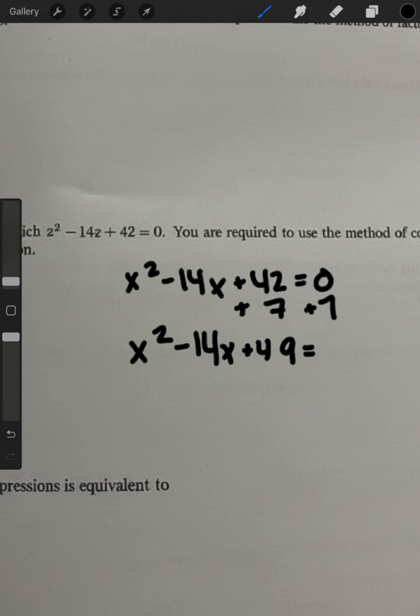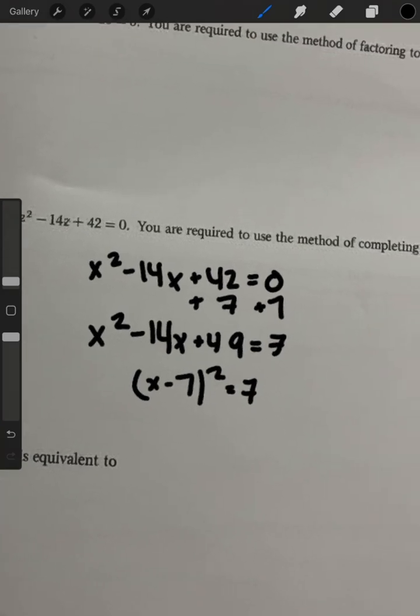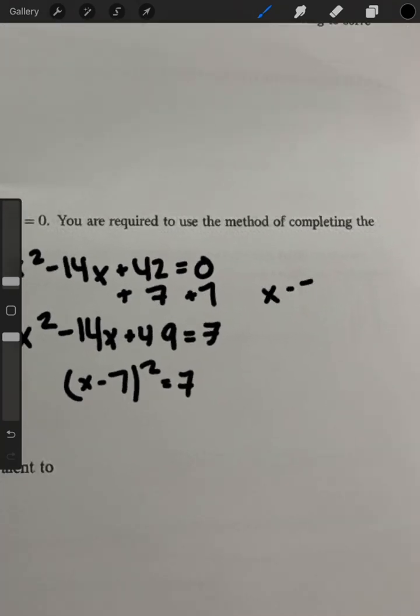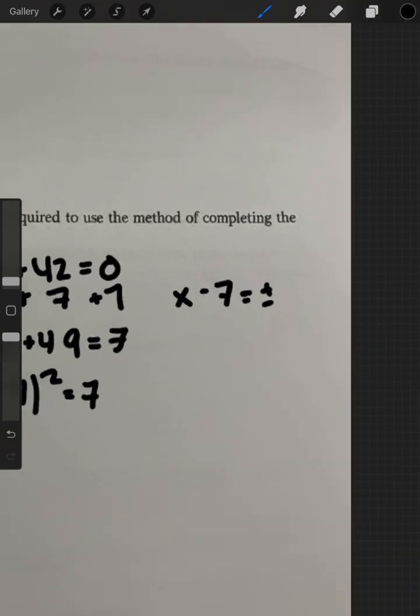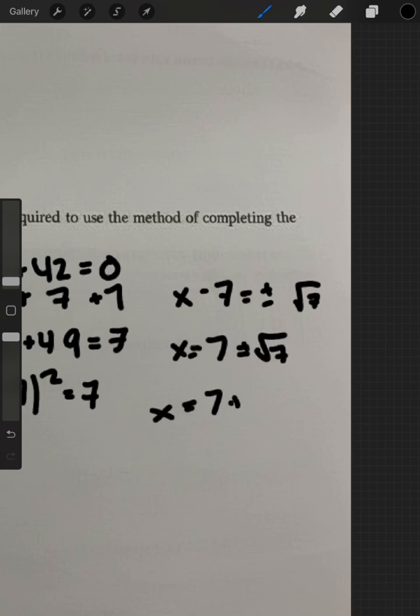So now the left side factors as x minus 7 squared, which equals 7. I'm going to take the square root of both sides, and now I need to isolate x, so I'm going to add 7 to both sides of the equation, which gives me x equals 7 plus or minus square root of 7.